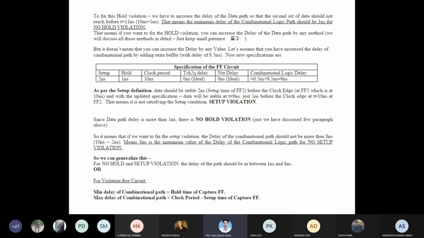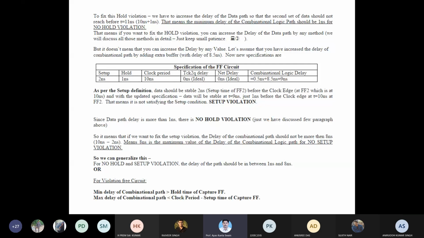If the minimum delay is 1 nanosecond, what will be the maximum delay of the combinational logic block? That is equal to 10 minus 2, 8 nanosecond. So at 8 nanosecond, which is my required time, by that time the data must arrive. Okay, so it means that 8 nanosecond is the maximum value of the delay of the combinational logic path for no setup violation.